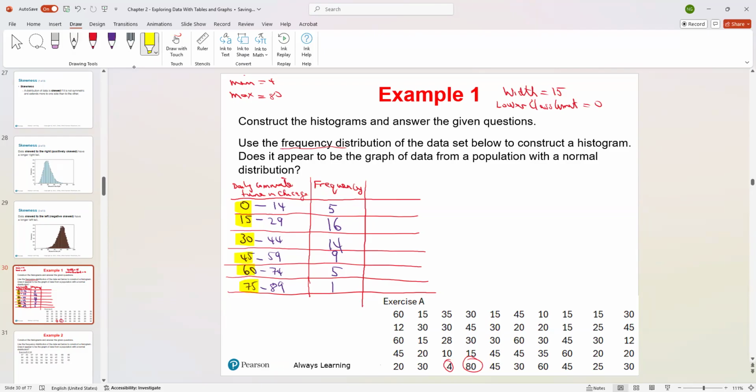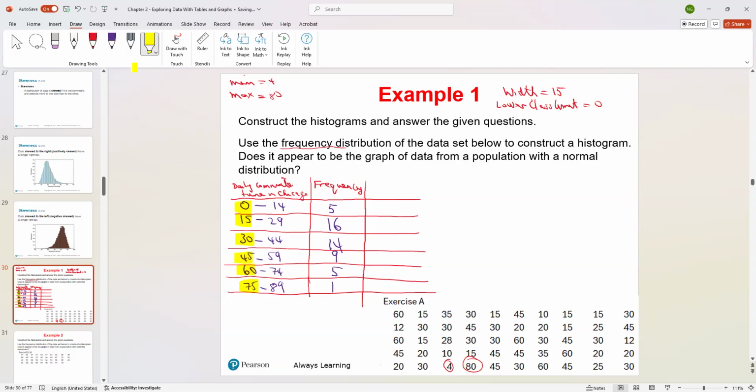Remember, the smallest data must fall in the first class and the largest data must fall in the last class. So the smallest number would fall between 0 and 14, and the largest number, which is 80, would fall in the last class, which is 75 to 89.